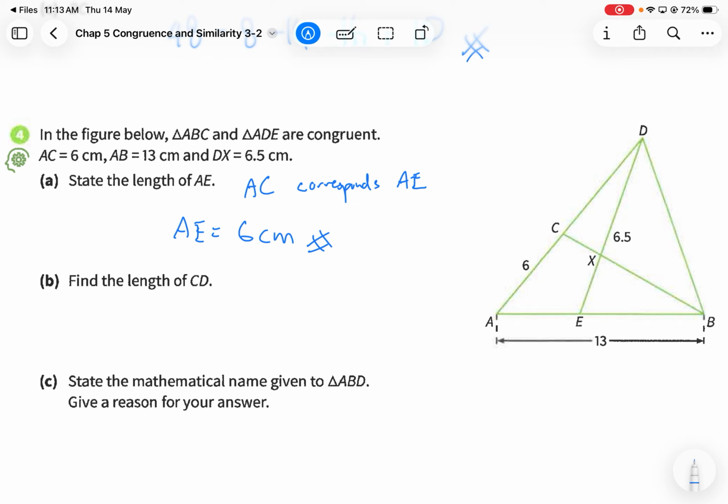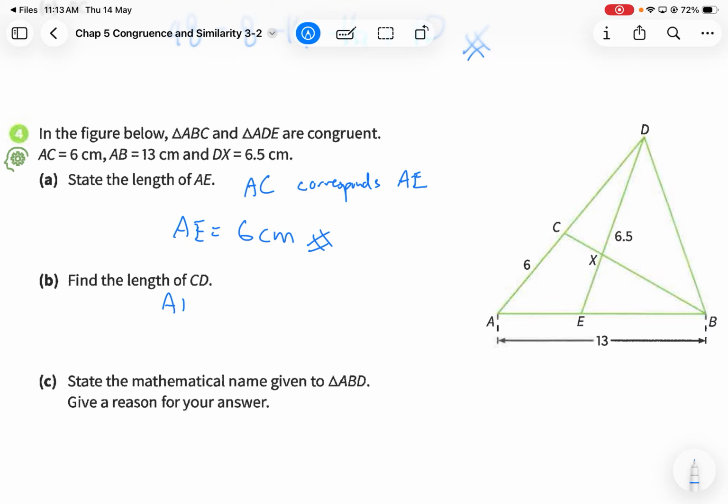They ask you to find the length of CD, so you must be able to link CD to the entire AD. Okay? If I want to know CD, I take AD minus AC, I can find CD. So what is AD? Then I see AD is between first and second letter. AD must correspond to AB. Okay?